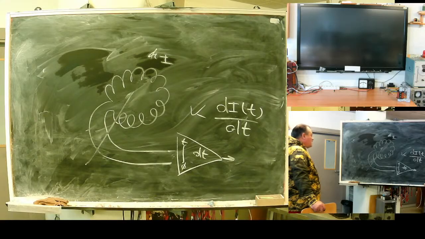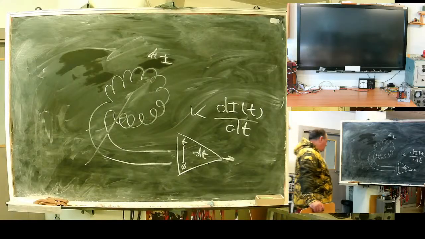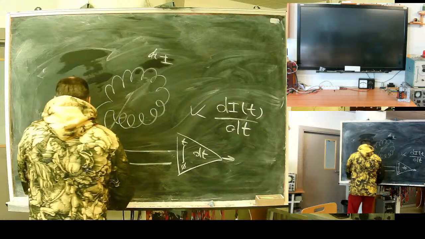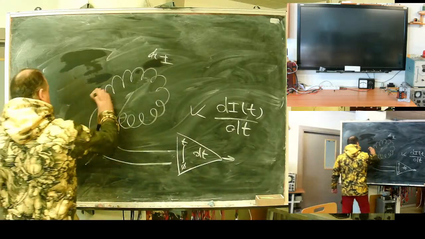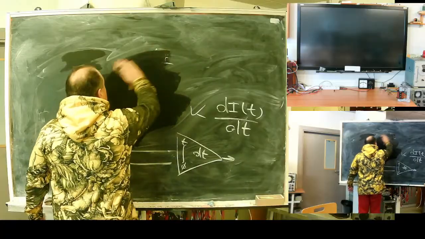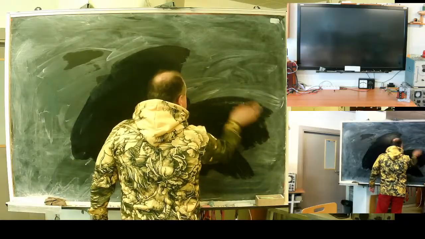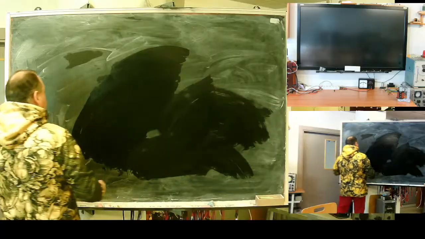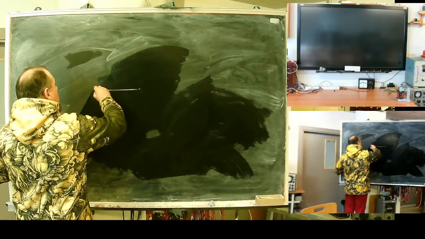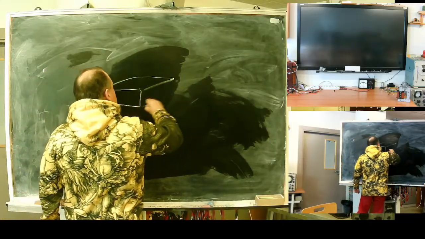Okay, what can be done more? One more trick. What can be done when we need current is the usage of Hall sensors. This is called the Hall effect.